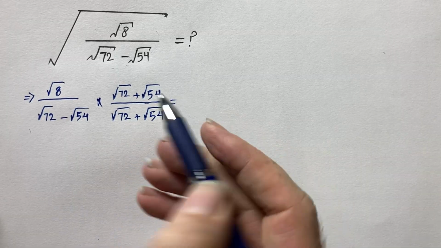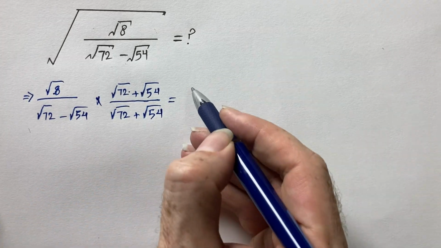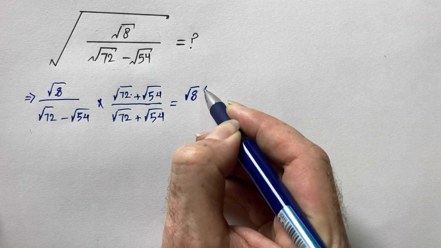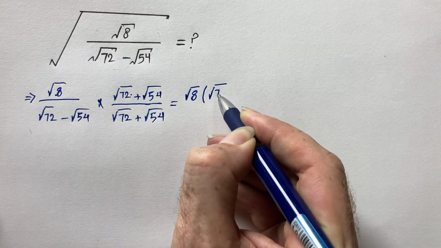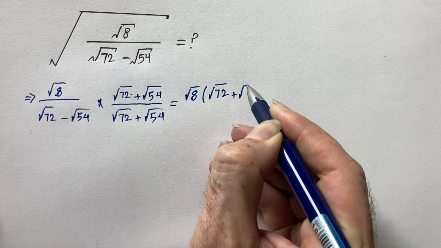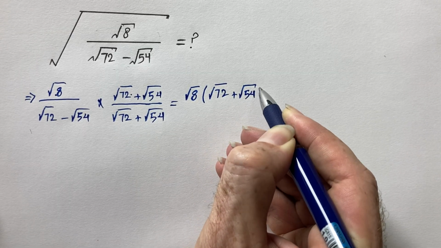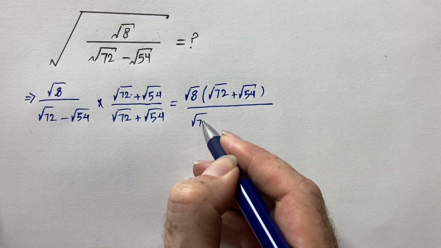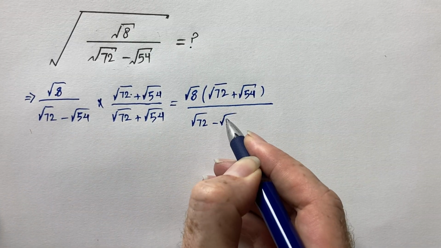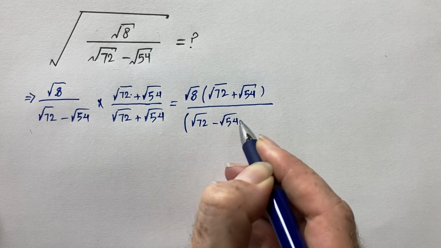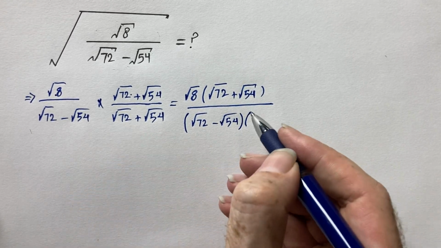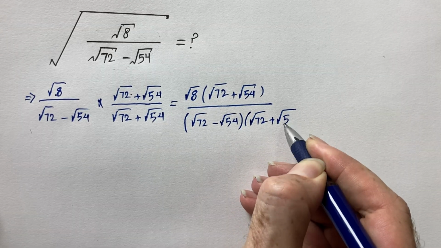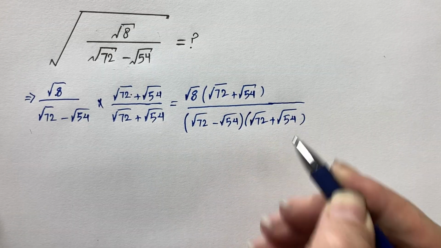To continue the solution, top multiplied by top, so it is going to be square root of 8 times square root of 72 plus square root of 54, over square root of 72 minus square root of 54 times square root of 72 plus square root of 54. Let me continue this one.